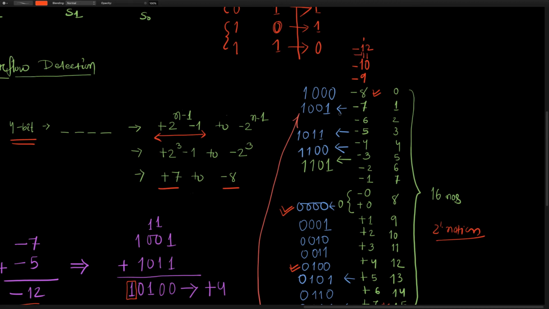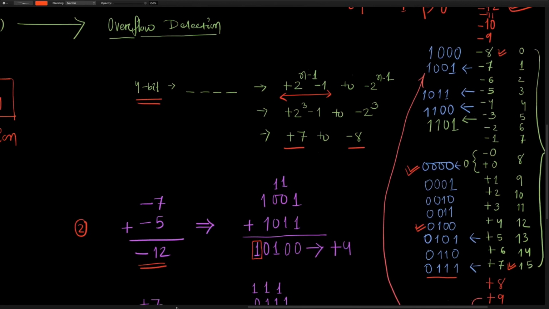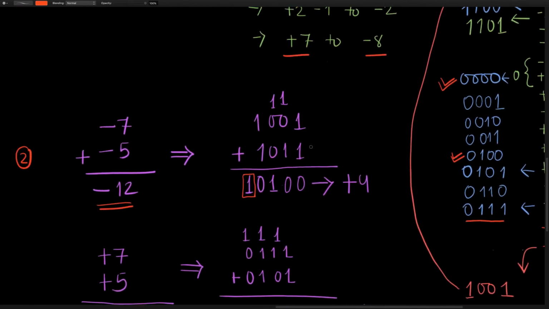So we cannot represent this signed binary number with 4 bits. We will see that in this example. We need 5 bits for that. If you convert negative 7, you get this one. Negative 5 would be like this one. If you add them, you get this number, which represents positive 4. That is not the right answer.